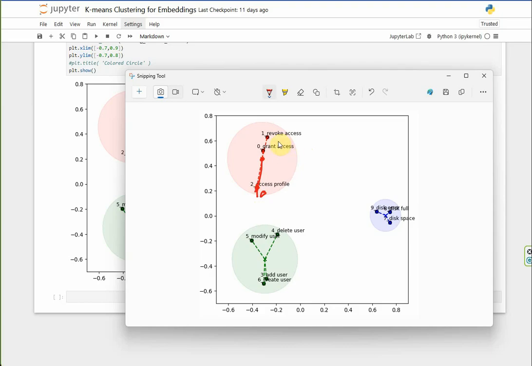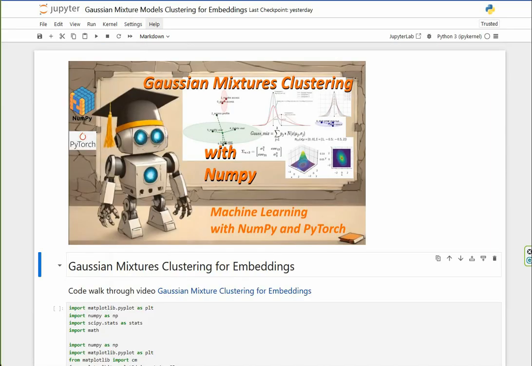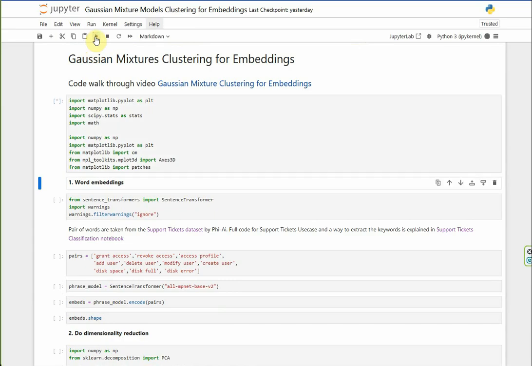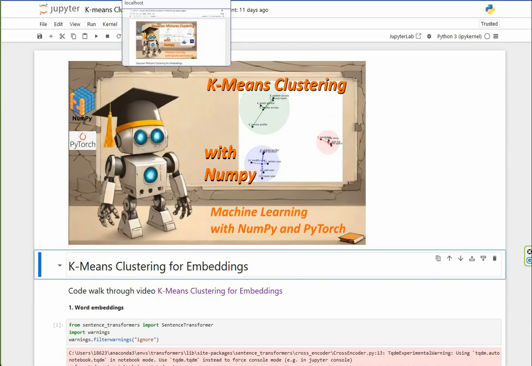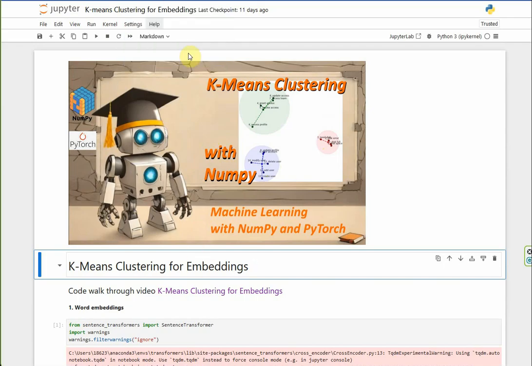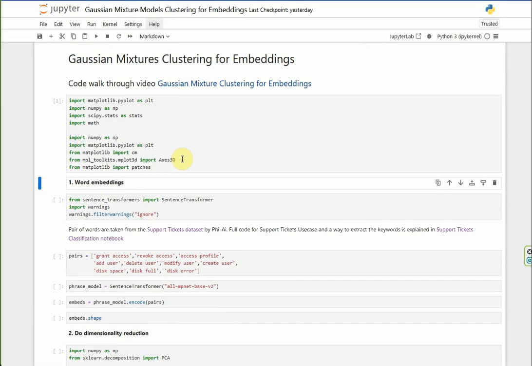So first we will come back to our original setup, and we start with Gaussian mixtures. At first, we import all the necessary libraries, and as in the previous case with k-means clustering, we will apply our clustering to embeddings.